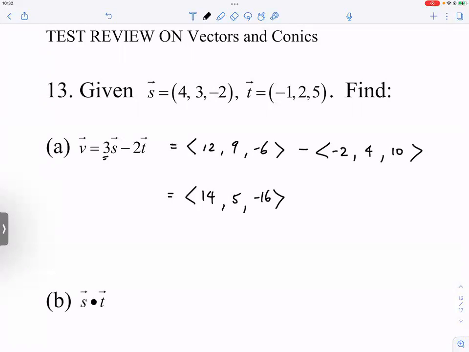It should be the same, because if you multiply the negative 2 into the t, then this should become a plus. So it's like you plus negative 2t. That's the way you think about it, if you want to multiply the negative 2 into the t vector. Okay, good question.